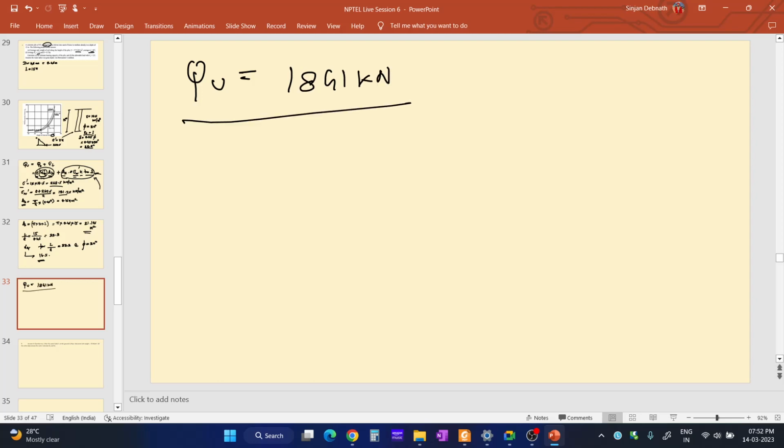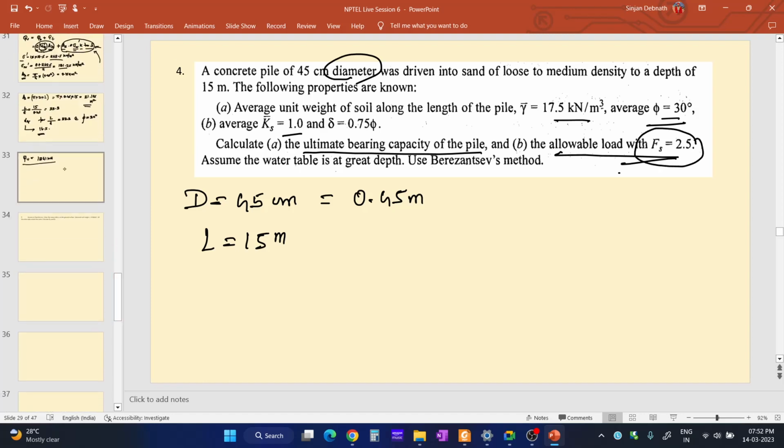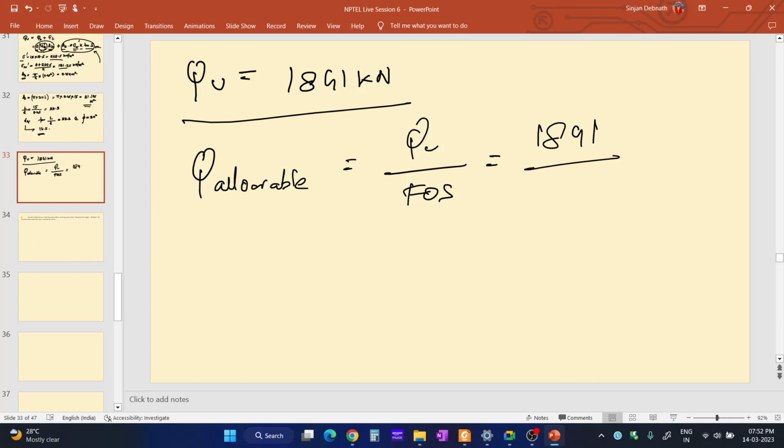Okay, this is the ultimate load. And you have also been asked to find out the allowable load. We have been asked to find out the ultimate bearing capacity of the pile as well as the allowable load. Factor of safety is given, which is 2.5. So for Q allowable, or the safe load, we just need to divide QU by the factor of safety. So 1841 divided by the factor of safety, that is 2.5.